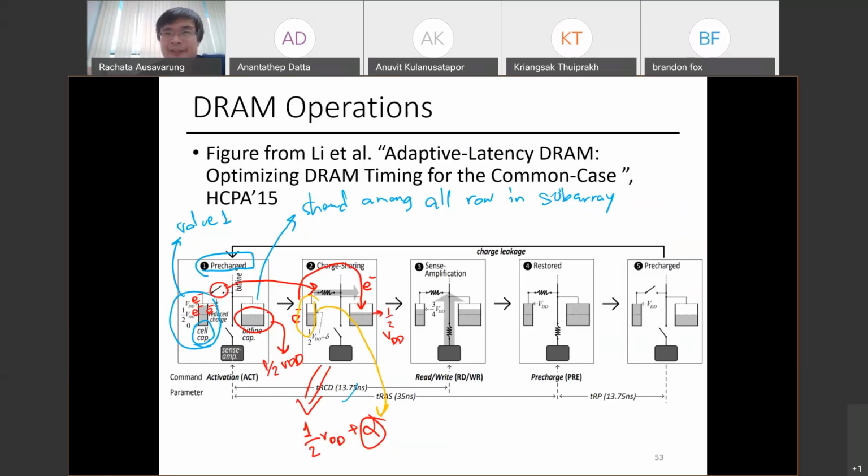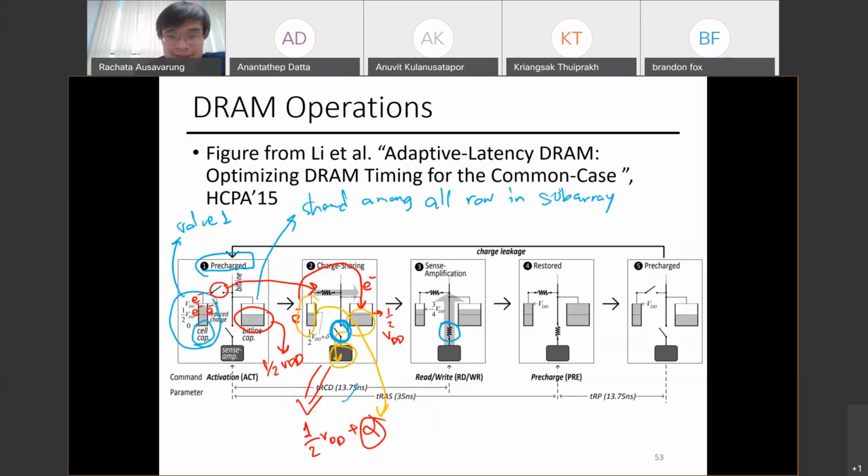Okay, assuming that you're kind of with me, if you have more questions, feel free to let me know. The next step, if I want to read something from it, I need to make sure I put these electrons to my sense amplifier, which is right here. That's the row buffer. The way I would do this is I'm going to close this gate. As you can see here, you close the gate.